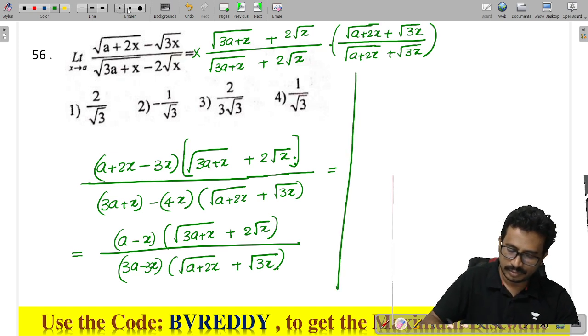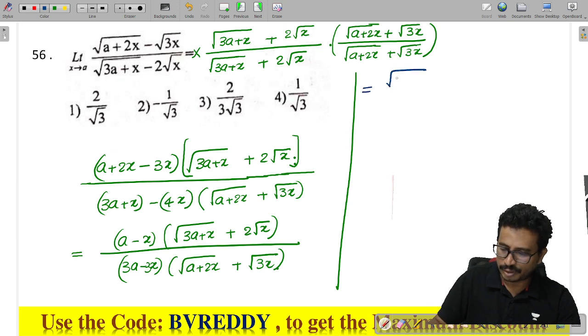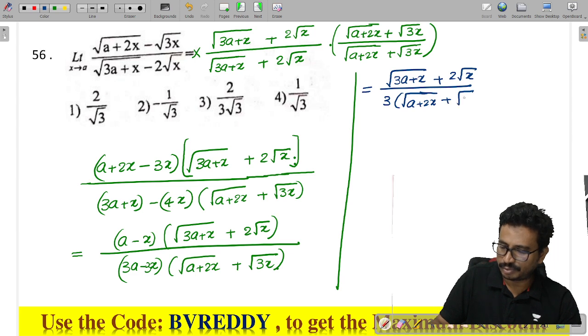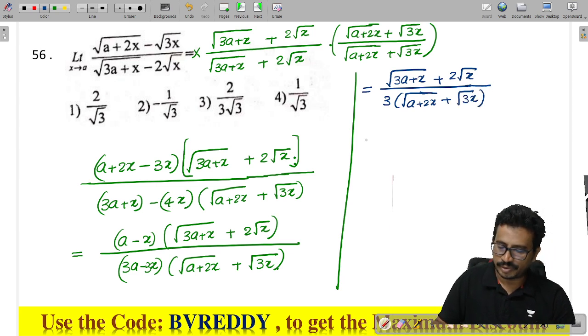So then, which is equal to square root of 3a plus x plus 2 root x by 3 into square root of a plus 2x plus root 3x. Yeah, so then there is no problem now, we can directly substitute the limit x tends to a.